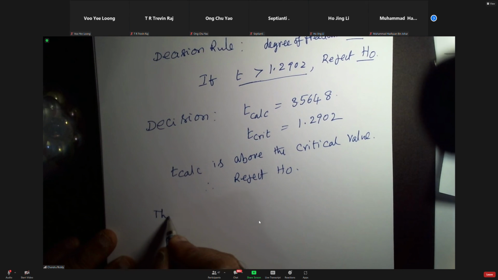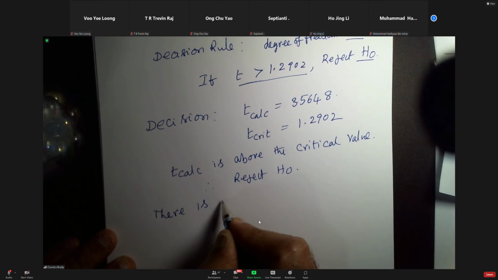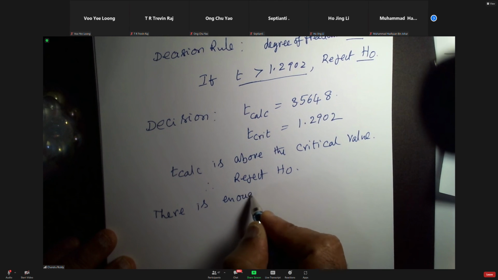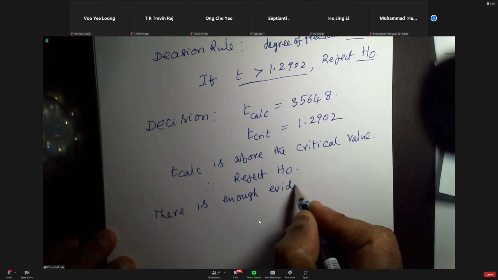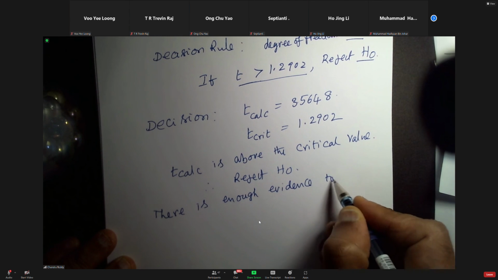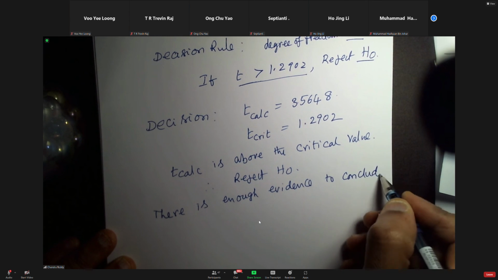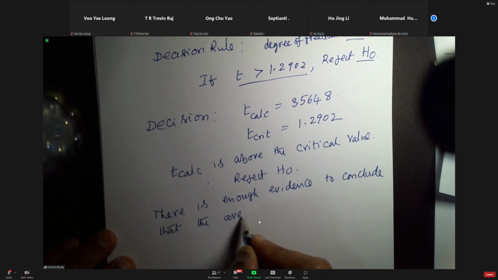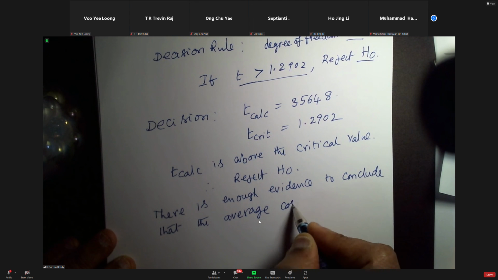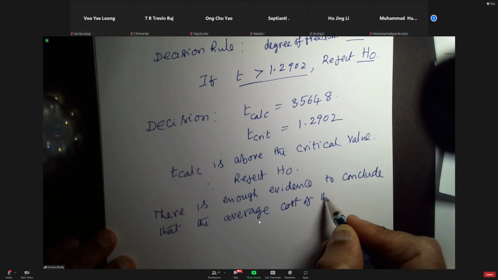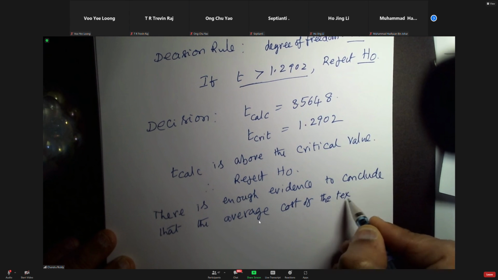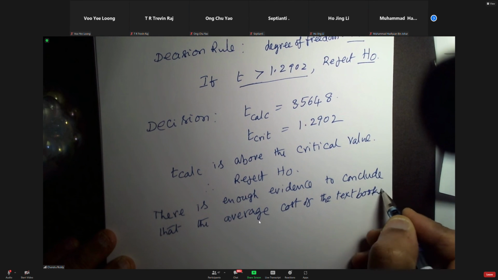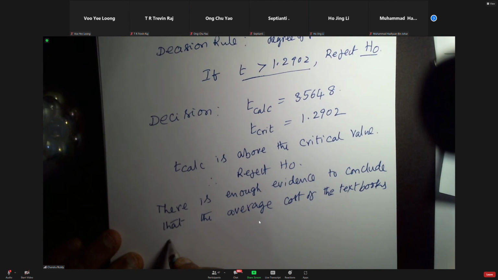So what does this mean? This means there is enough evidence to conclude that the average cost of the textbooks is more than $300.